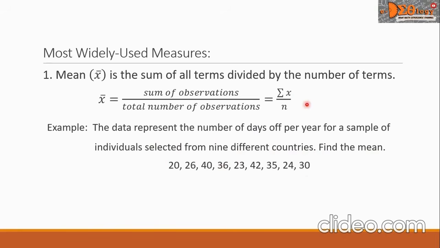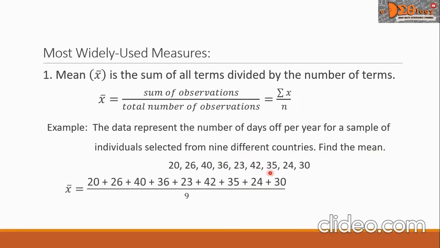Using our formula, we will take the sum of all these numbers. So we have 20 plus 26 plus 40 plus 36 plus 23 plus 42 plus 35 plus 24 plus 30 all over 9, because there are 9 numbers here.